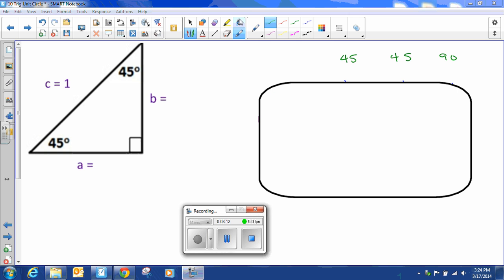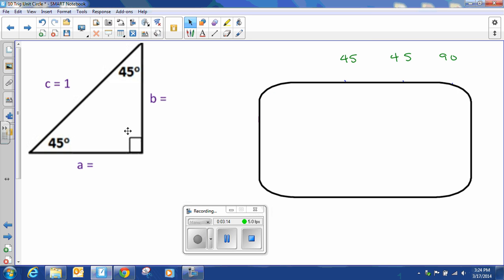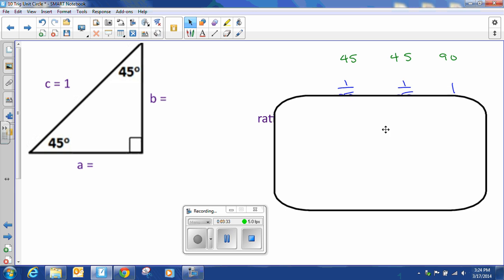Now let's take a close look at a 45, 45, 90 triangle when they give us the hypotenuse of 1. There's a reason why this is one we really have to pay attention to, because for a unit circle, the hypotenuse is always the radius. So this will be very important.